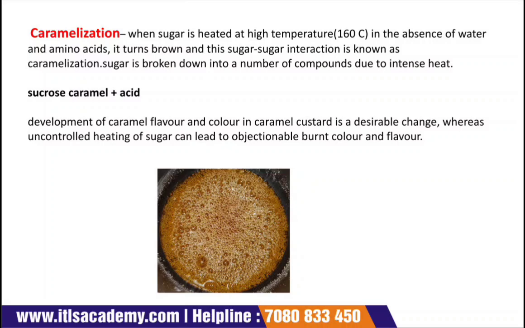They get this from the caramelization process, where only the sugar is heated at a very high temperature, like 160 degrees centigrade, in the absence of water, and because of the absence of water it turns to caramel and gives a brown color in different types of beverages, baked goods and confectionaries.